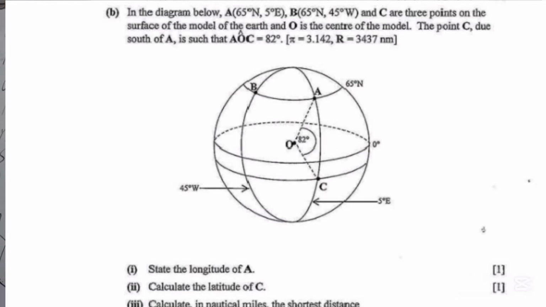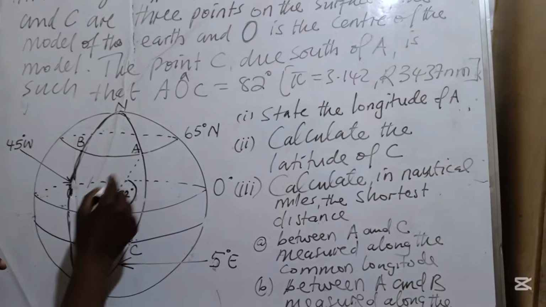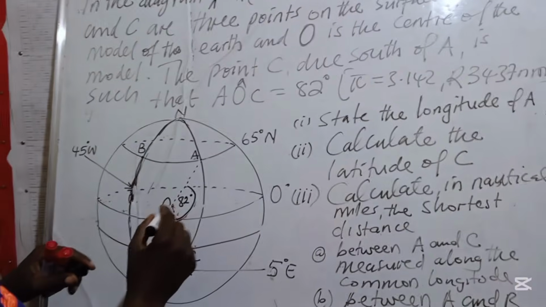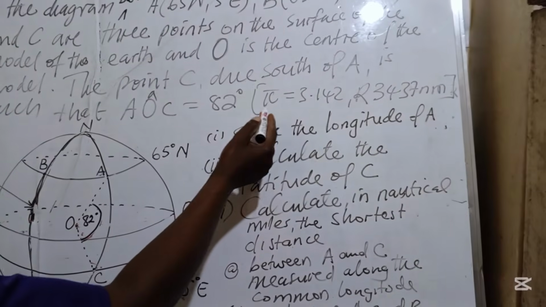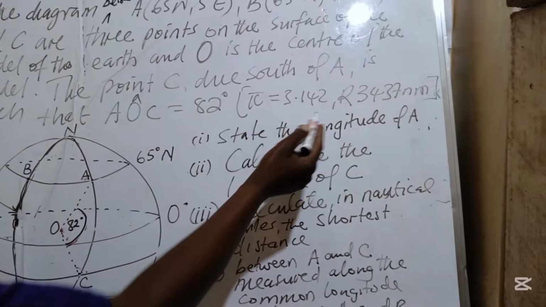The point C is due south of A, and is such that angle AOC is 82 degrees. Mind you, I should take my pi as 3.142.